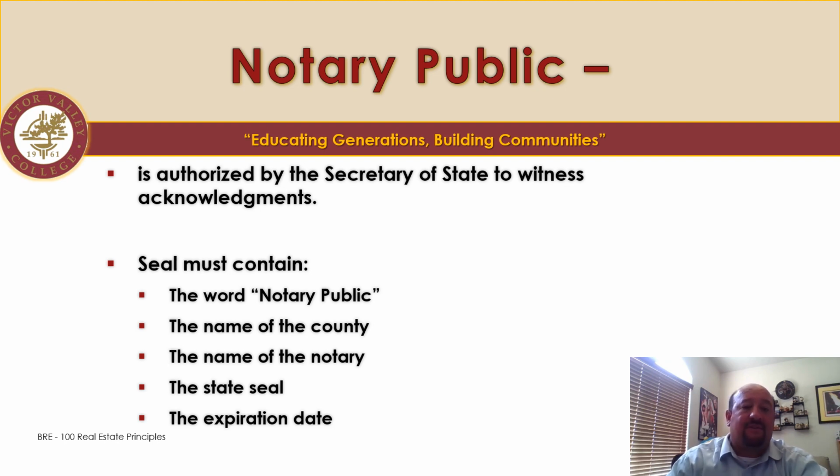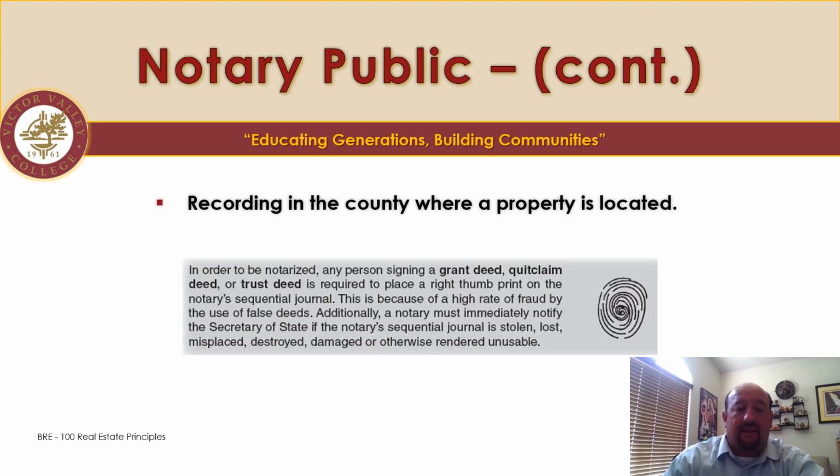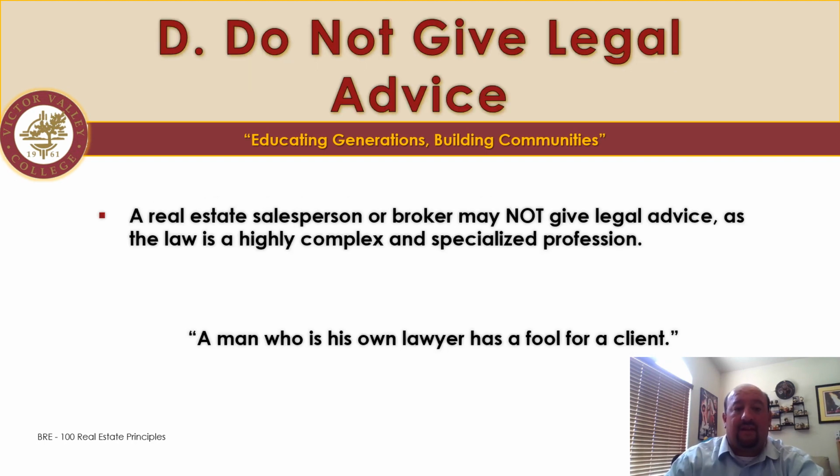A notary public is a person that applies their seal to a signature, and certain documents have to be notarized. Each seal has to contain the words notary public, the name of the county, the name of the notary, the state seal, and the expiration date of the notary public's license. This is an example of the blurb that's on a notarized document.